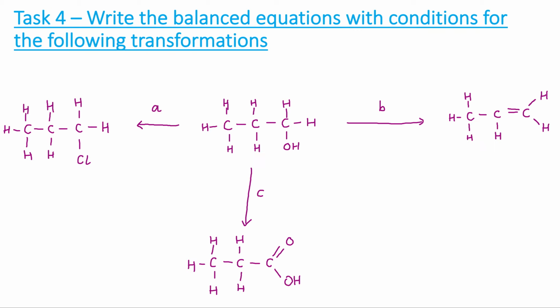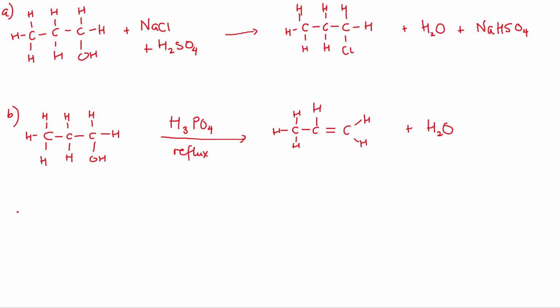And the last one, C, is going from our primary alcohol to a carboxylic acid. To go from a primary alcohol to a carboxylic acid, it is an oxidation reaction. And remember, there's two possible reaction conditions we can do. Only one of them will give us a carboxylic acid from a primary alcohol.